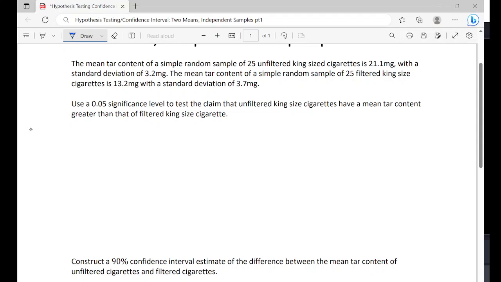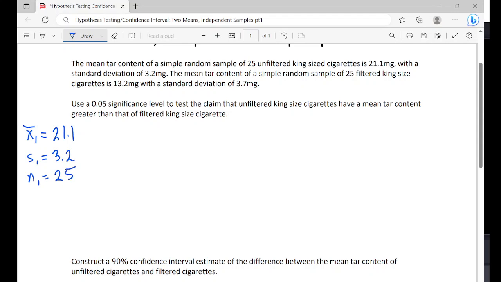So for the first group, our x bar 1, our sample mean, is 21.1, where our sample standard deviation, our S1, is going to be 3.2. And the total number in this first group is 25.